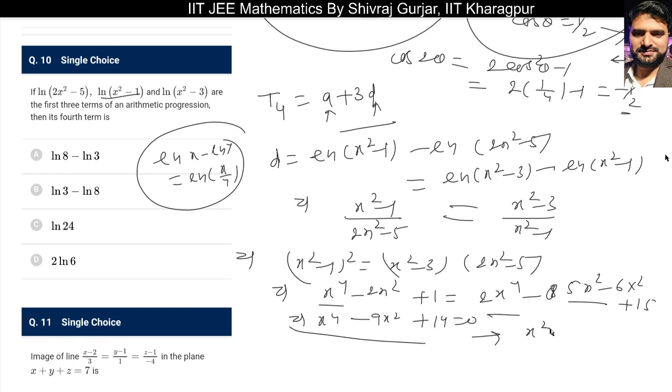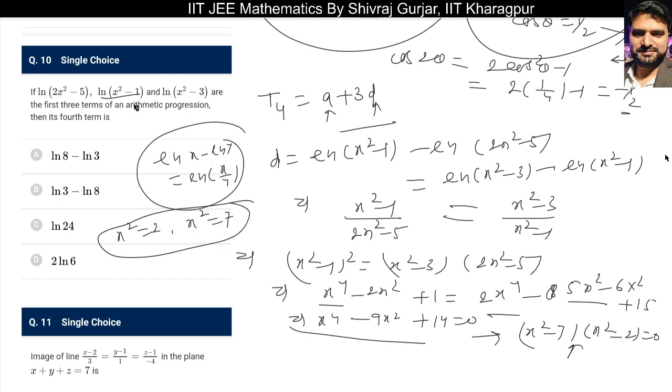This will be x square minus 7 into x square minus 2 equals 0, because 7 into 2 is 14 and the sum is 9. Basically, if we take x square as some t, then it becomes an equation in t. So from here we can say that x square is either 2 or 7.